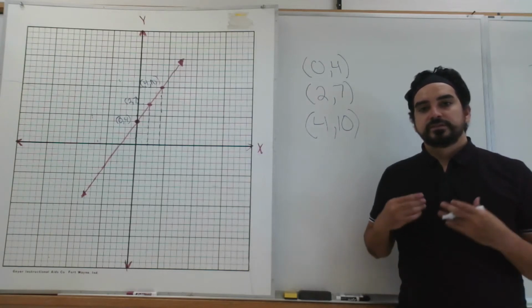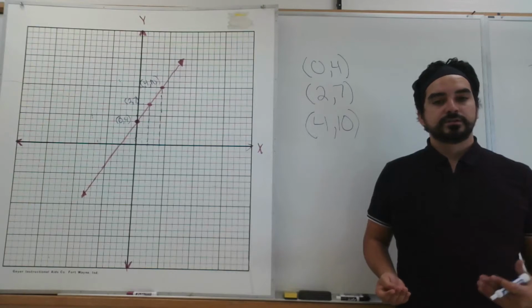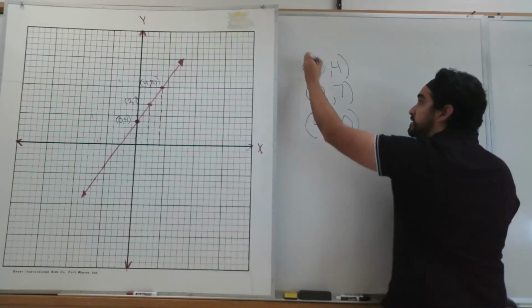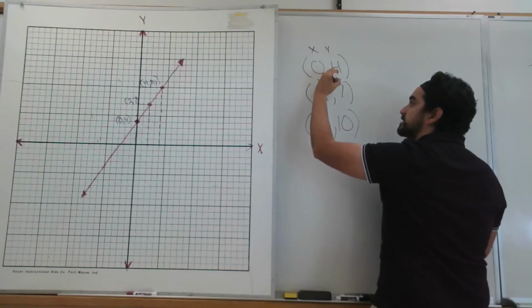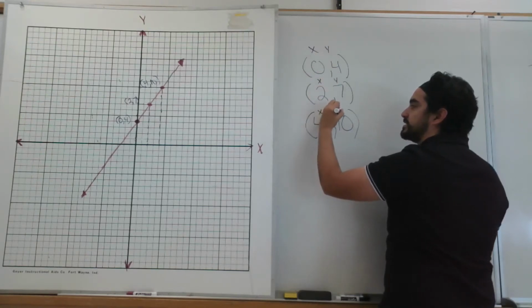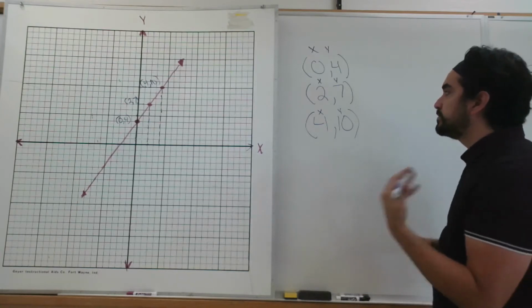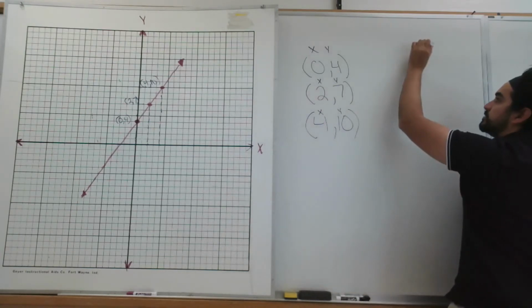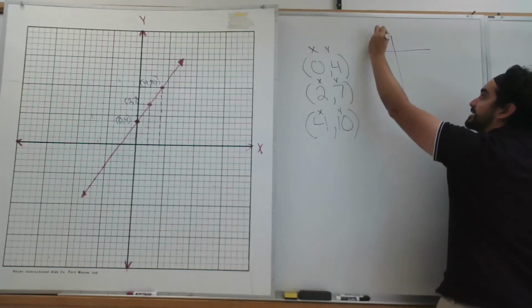All right. Now that we got our points, we could go ahead and put them into a table. So we know that this is my x, this is my y, this is my x, this is my y, this is my x, and this is my y. So inputting them into a table should be pretty straightforward because all we're going to do is draw a T. On the left side, I'm going to put x.